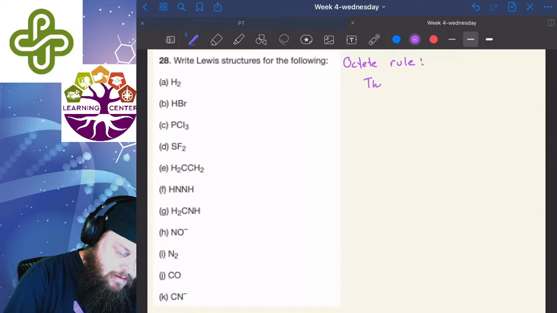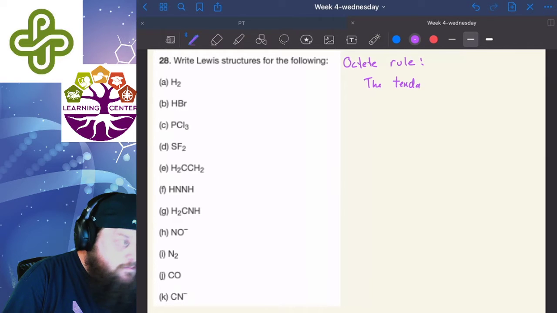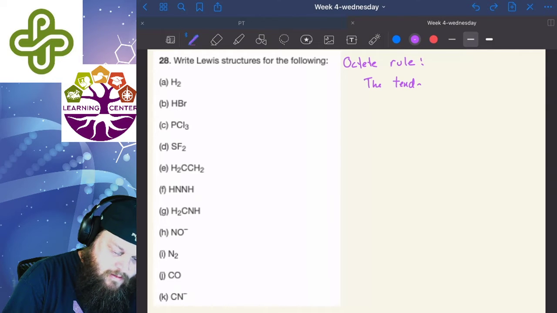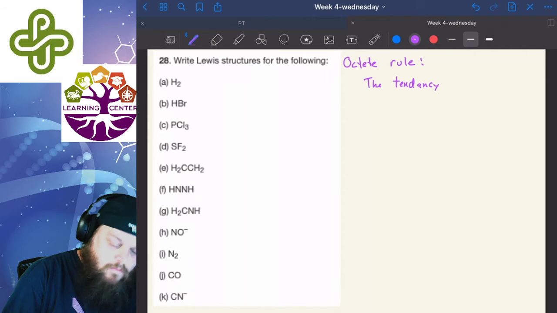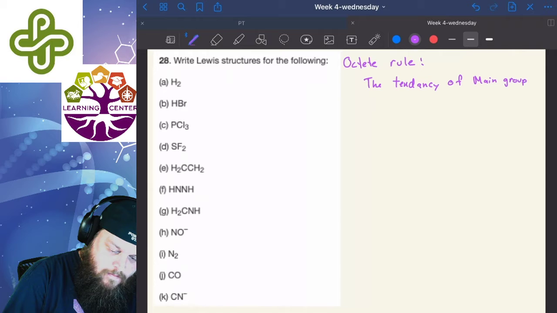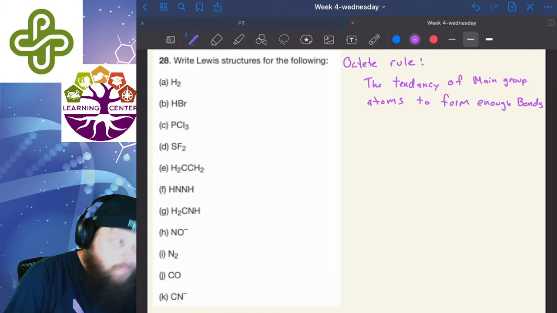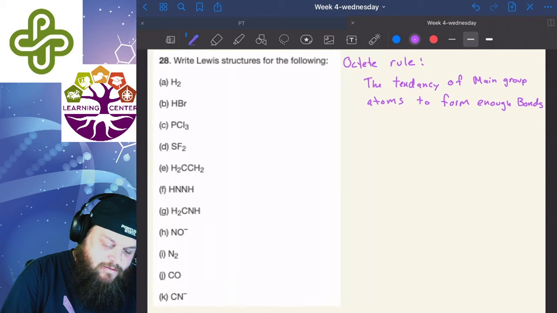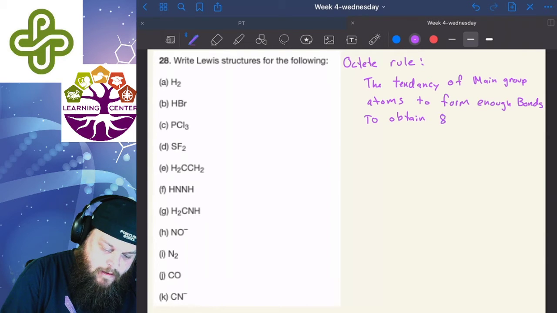But we can say the tendency of main group atoms to form enough bonds to obtain 8 valence electrons.